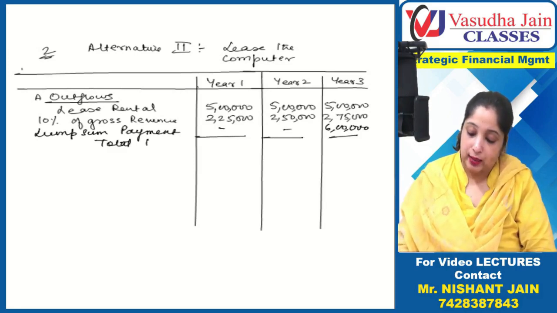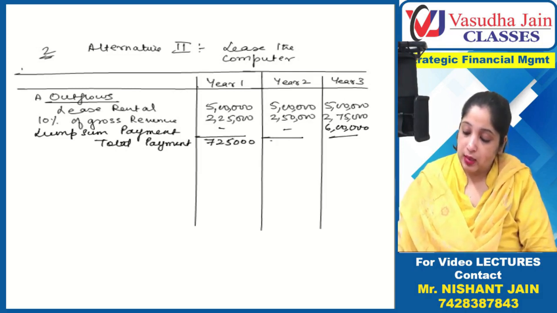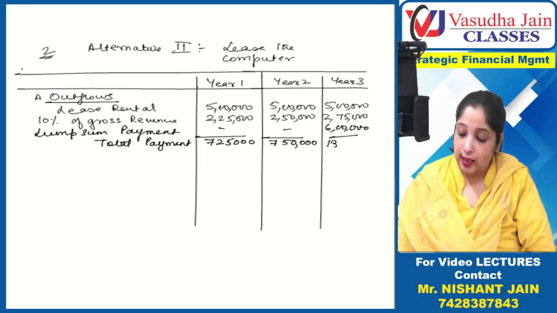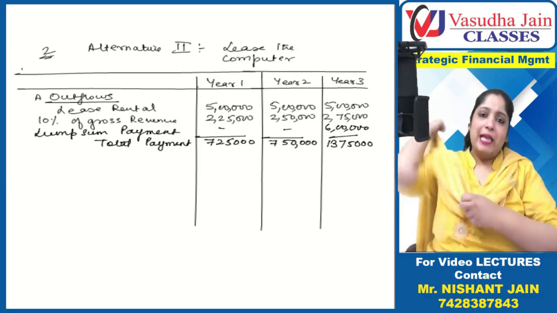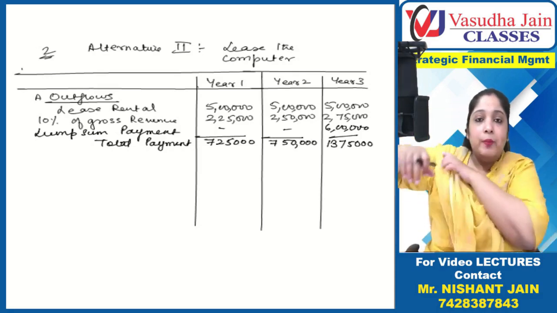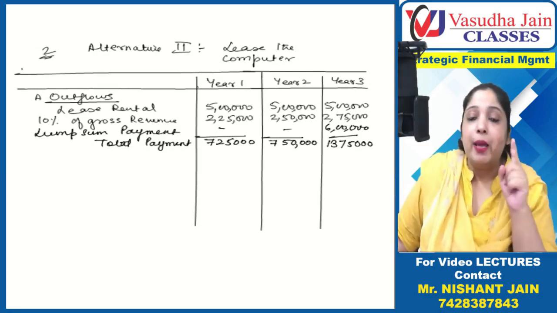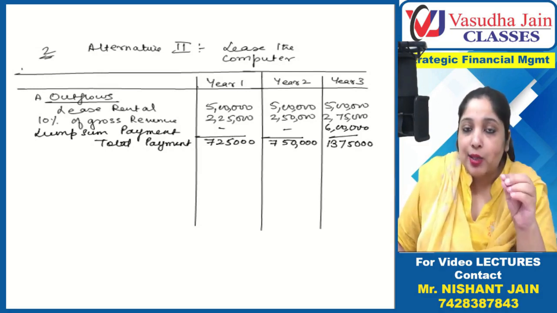Total payments are there. Now this is your 7,25,000. This is 7,50,000 and this is your 13,75,000. Is there any saving on tax? Yes. Please understand, whatever payment you make, are you listening to me?